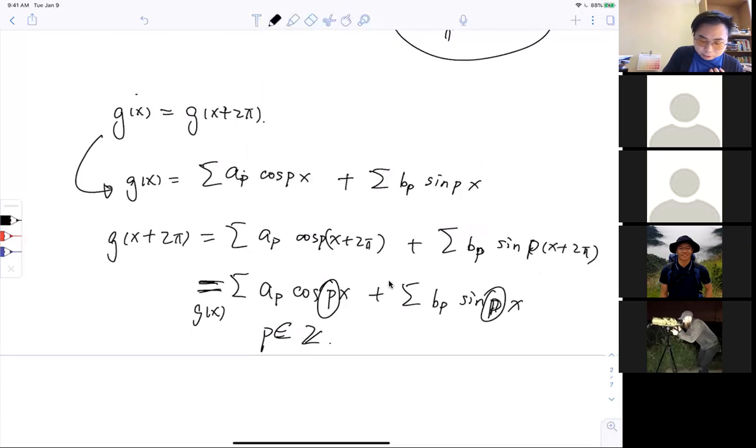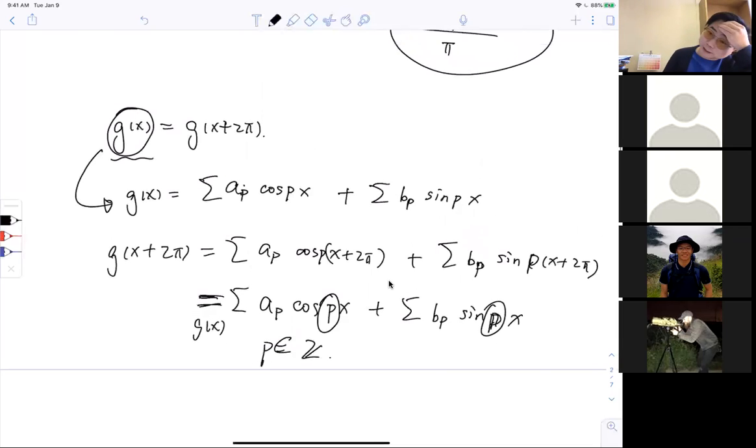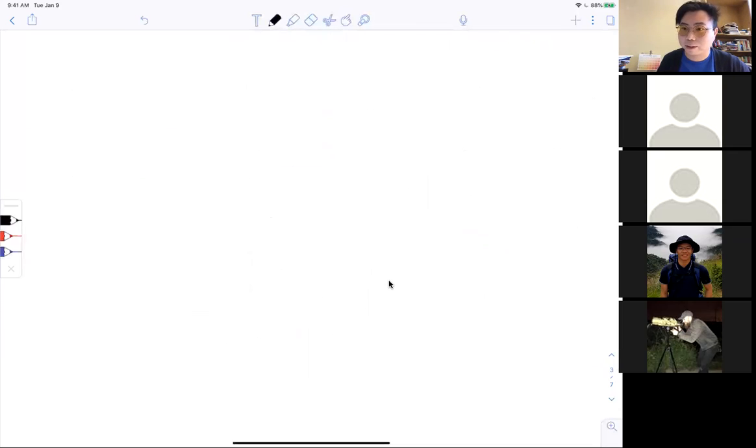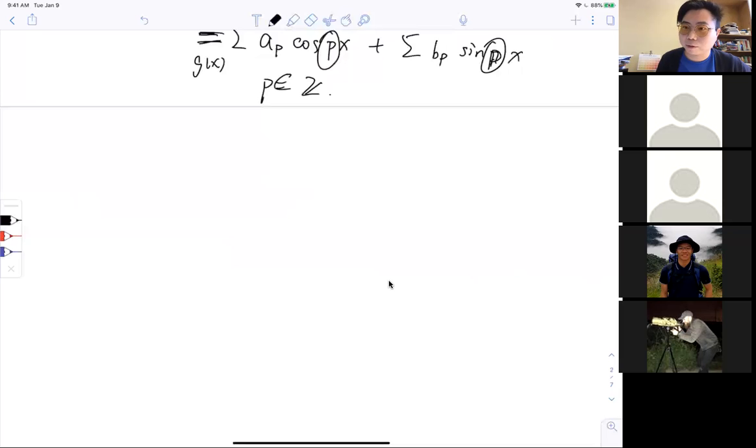Okay, I mean, how do we know the period of this function g? Yes, or any function. For any function, you need to check it. For this class, if you have a function, it's very straightforward to say whether it's periodic or not.